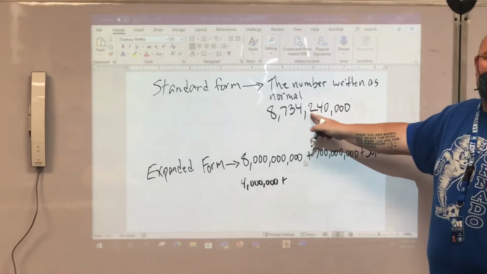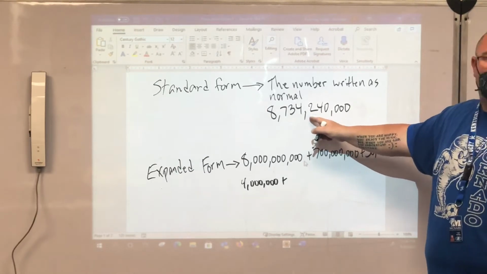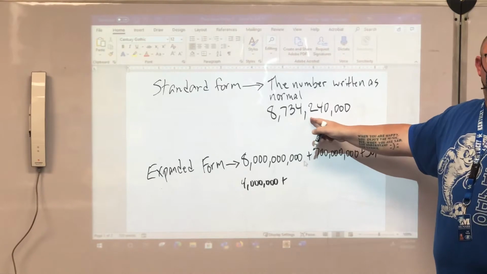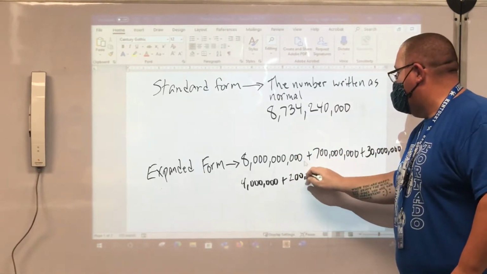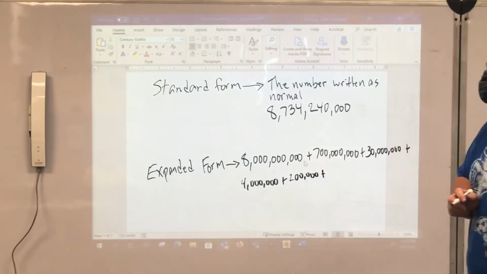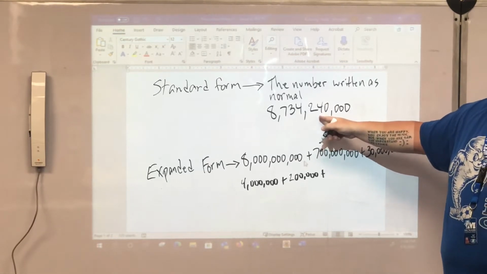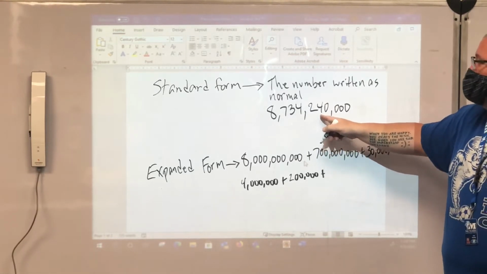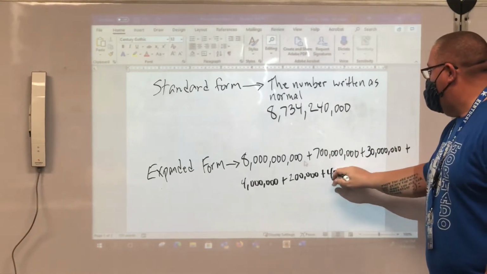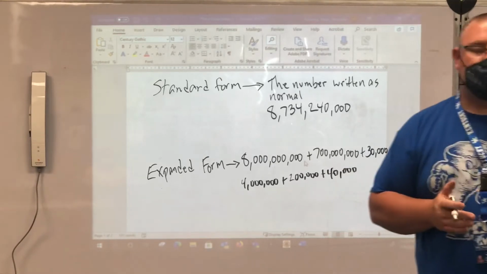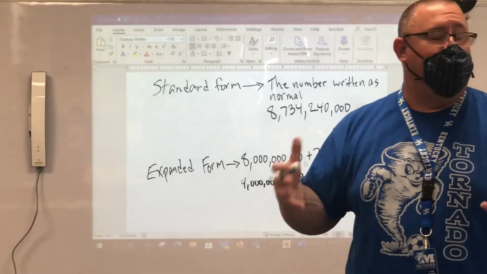How many of those 100,000s do we have? 2 of them, so plus 200,000. Plus, still in our thousands, the 4 is located in the 10,000s, and there are 4 of those, so that makes 40,000.